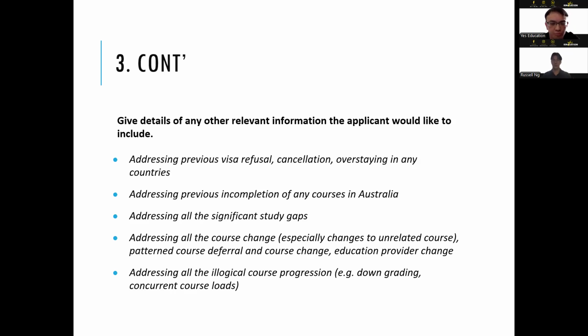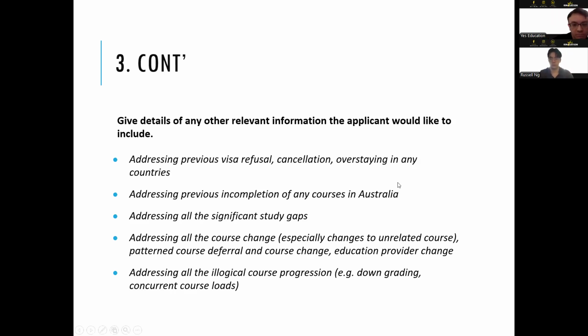Or if you have concurrent COEs, like you're doing two separate COE courses at the same time. That might happen on some rare occasions, but it won't happen a lot. But in a very rare situation, you might encounter this kind of thing.